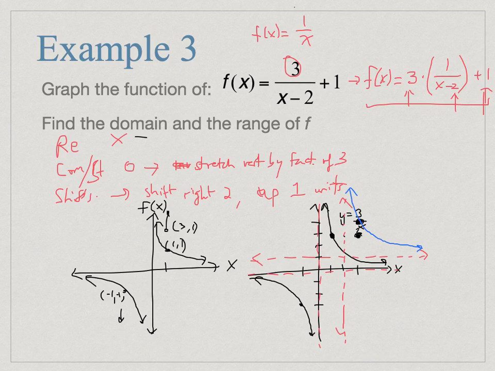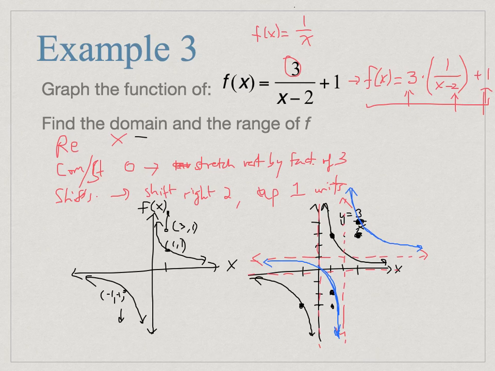Same thing with this one. If I want to be a little more accurate, I'm going to move this point over 2 units and then up 1 unit, and that would be the point that the graph goes through. So it would look something like this. That should go through there.